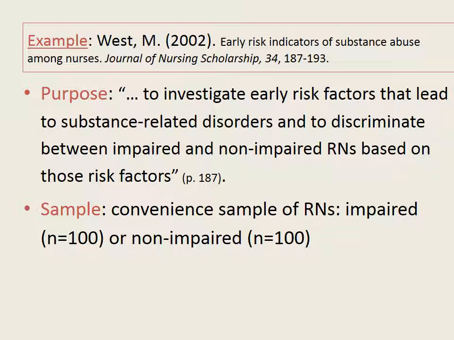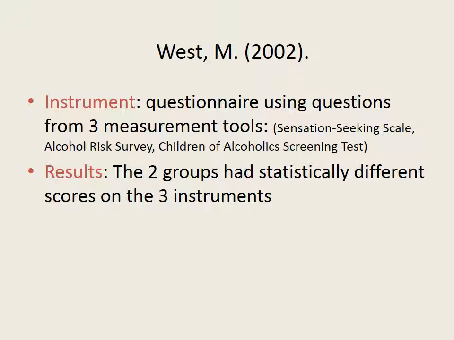The questionnaire used questions from 3 measurement tools: the sensation seeking scale, the alcohol risk survey, and the children of alcoholics screening test. And the 2 groups had statistically different scores on the 3 instruments.